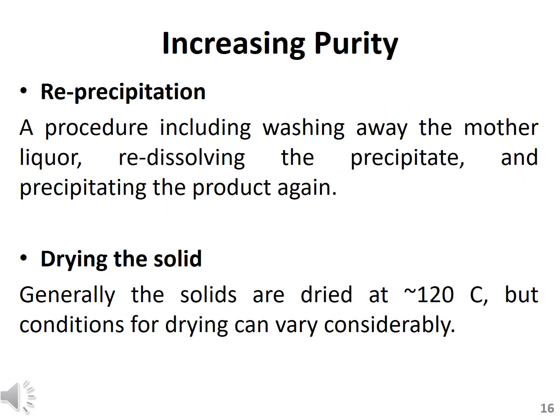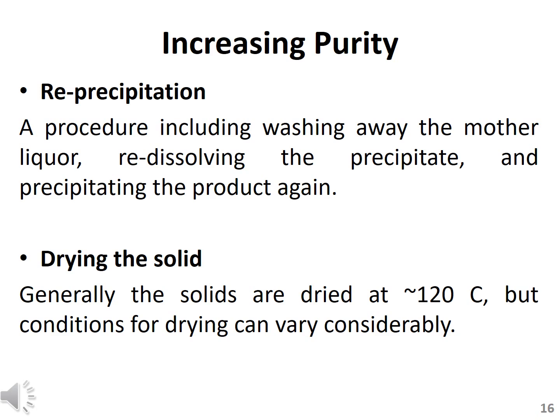In order to increase the purity of the precipitate in gravimetric analysis, we'll go for a re-precipitation process. The process of re-precipitation involves washing away the mother liquor, redissolving the precipitate, and precipitating the product again.